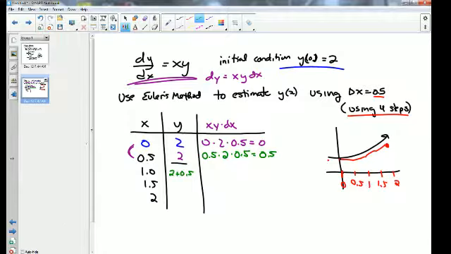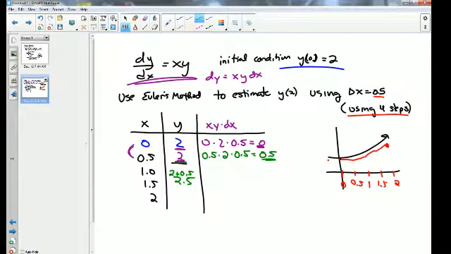Right, so it's this value plus that value. Whereas this one here was 2 and 0. So 2 plus 0 is 2. 2 plus 0.5 is 2.5.